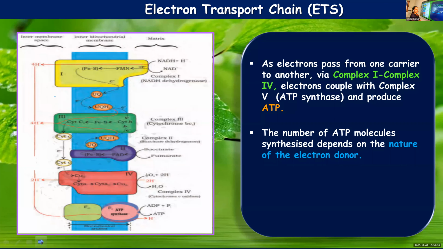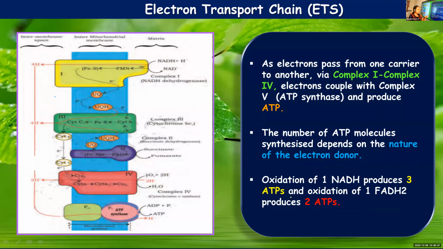The number of ATP molecules produced will depend on the nature of the electron donor. So how many ATP molecules are synthesized once they are transported through the ATP synthase enzyme will be decided by the electron donor. If one molecule of NADH is getting oxidized, we already learned about this, 3 ATP molecules are synthesized.